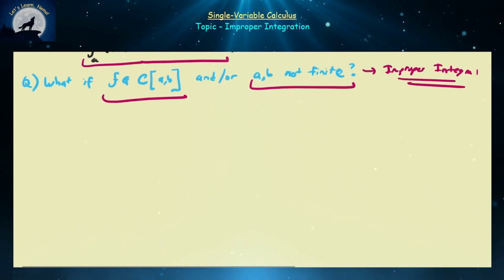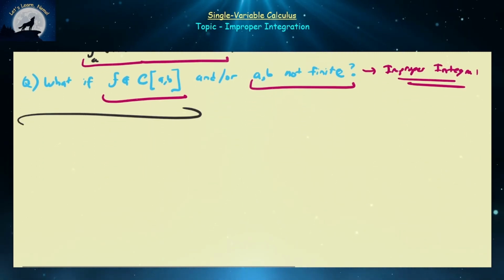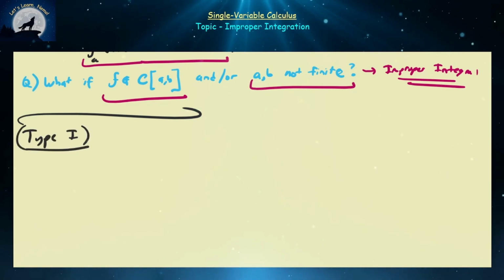We have a few different types that we want to organize this into. The first one, which I'm just going to call type 1, and these aren't in any special order, I'm just calling them type 1, type 2, and type 3. The first one says the following.